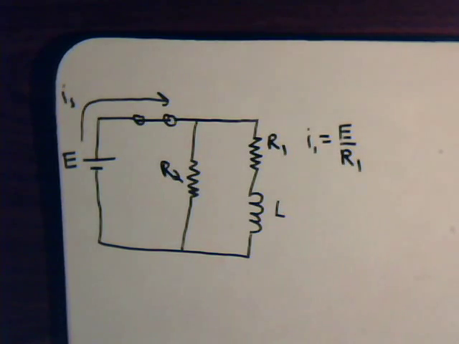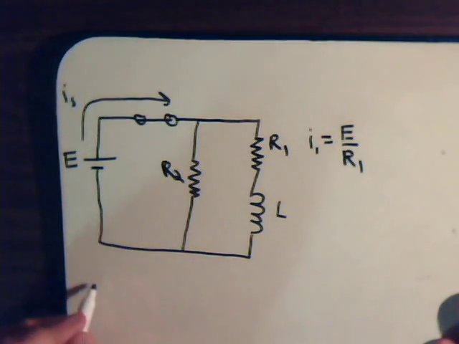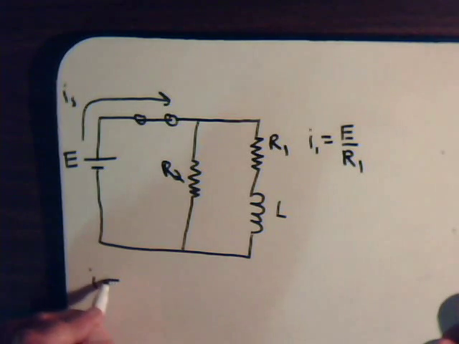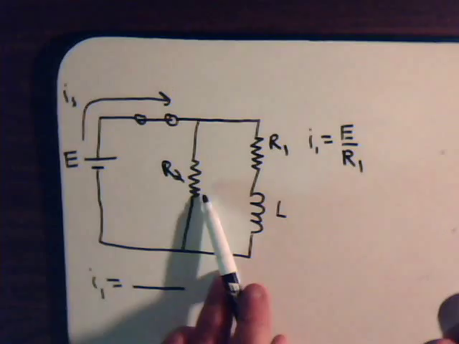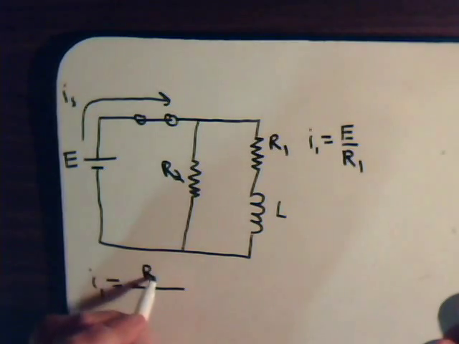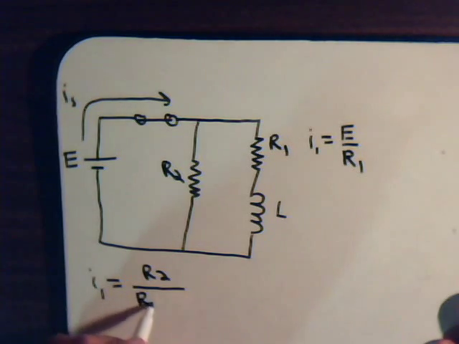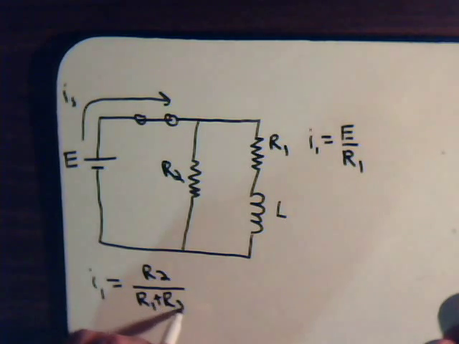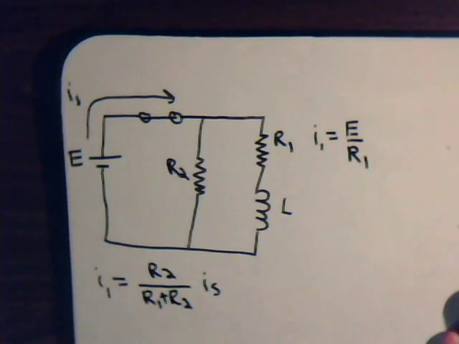The amount of current going through R1, since these are in parallel, using the current divider principle, I1 will equal the value of R2 divided by R1 plus R2, times IS, the current being split between these two resistors.